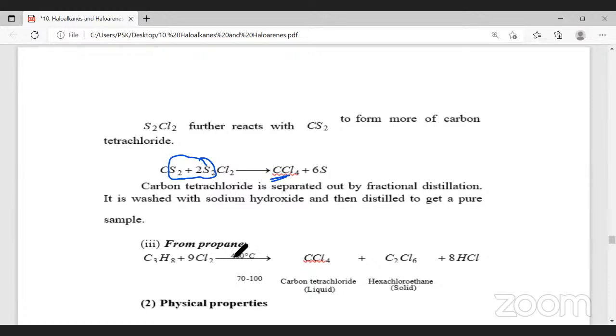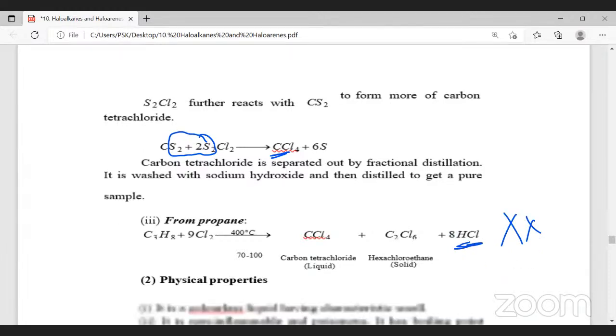Now, preparation of carbon tetrachloride from propane. Propane is C3H8. When propane is chlorinated at 400 degrees Celsius and 70 to 100 atmospheric pressure, you get carbon tetrachloride and hexachloroethane, which is a solid, with the liberation of hydrogen chloride. This is not in the syllabus.